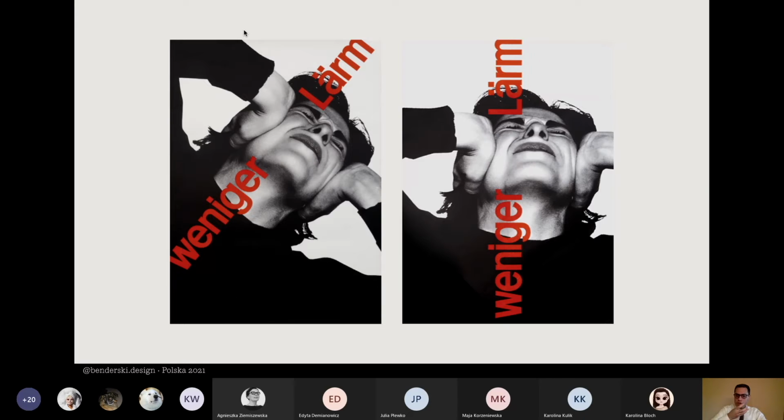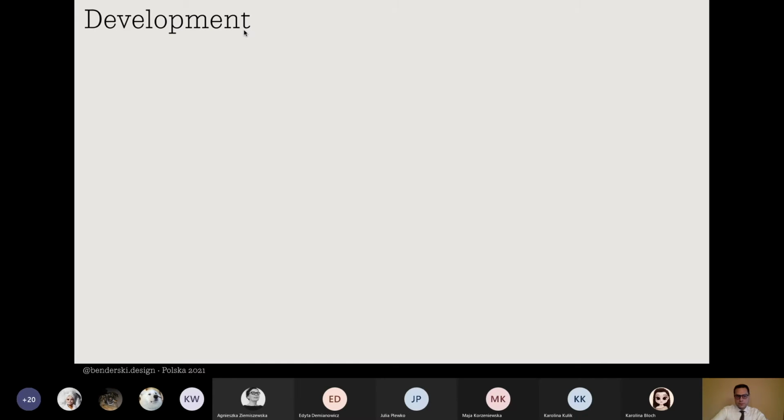So Josef Müller-Brockmann used that trait of the human mind in order to communicate that something is forbidden. You have a double cross, created by the text and the elbows of the woman, and that is what creates the feeling of forbidden.